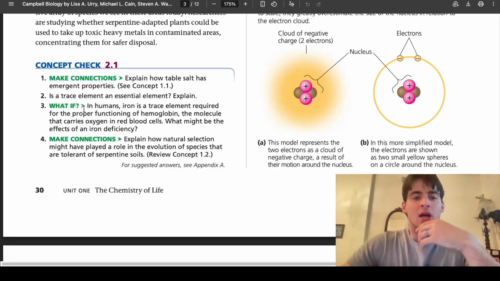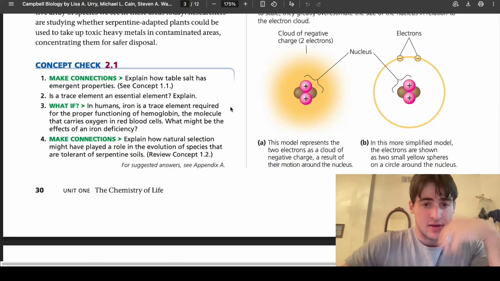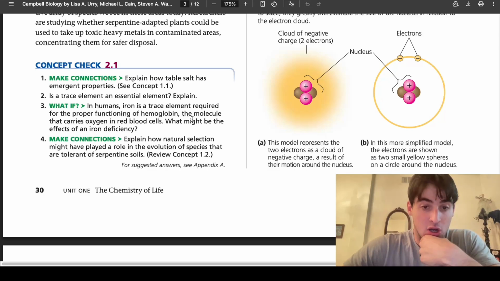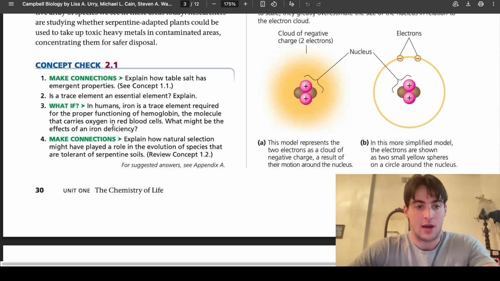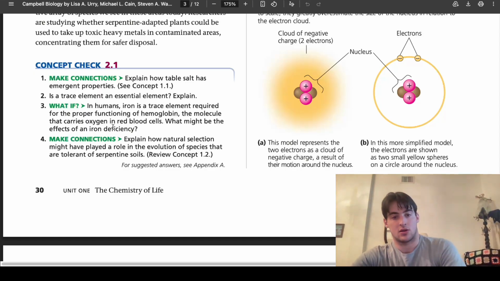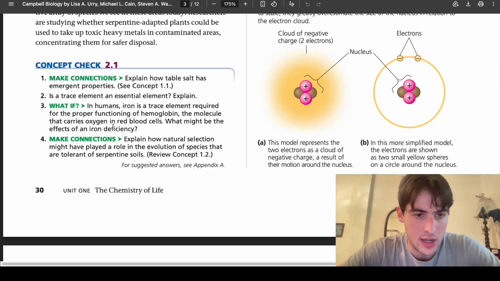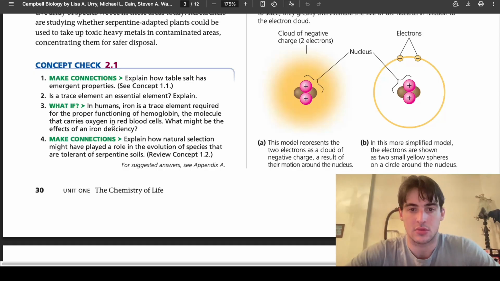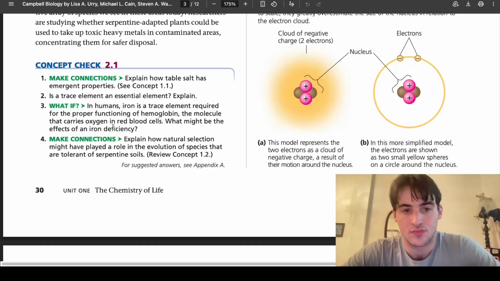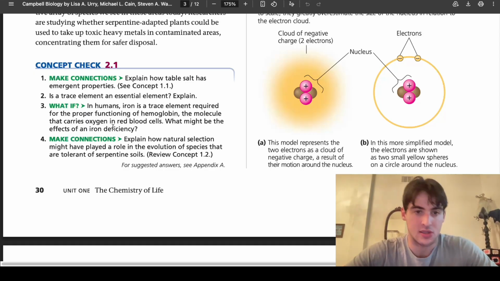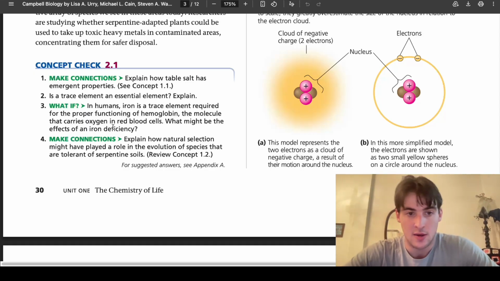What if? In humans, iron is a trace element required for the proper functioning of hemoglobin, the molecule that carries oxygen in red blood cells. What might be the effects of an iron deficiency? I would guess that your blood wouldn't be able to carry oxygen as well in the red blood cells, right? And then you'd have perhaps a hemoglobin deficiency.